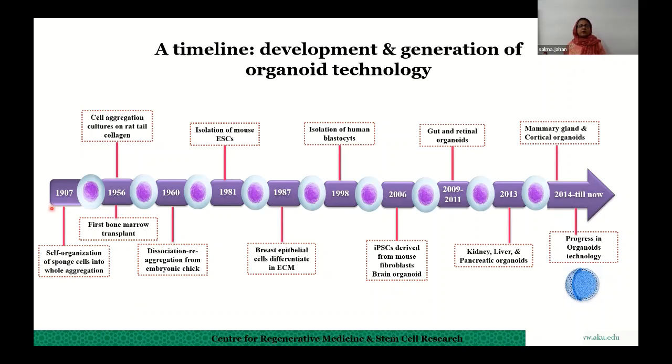From the 1900s until now, this technology has grown really fast and is still growing. We now have multiple tissue types of organoid model systems, and we can model different diseases in the dish. Multiple groups have also received the Nobel Prize in the past.